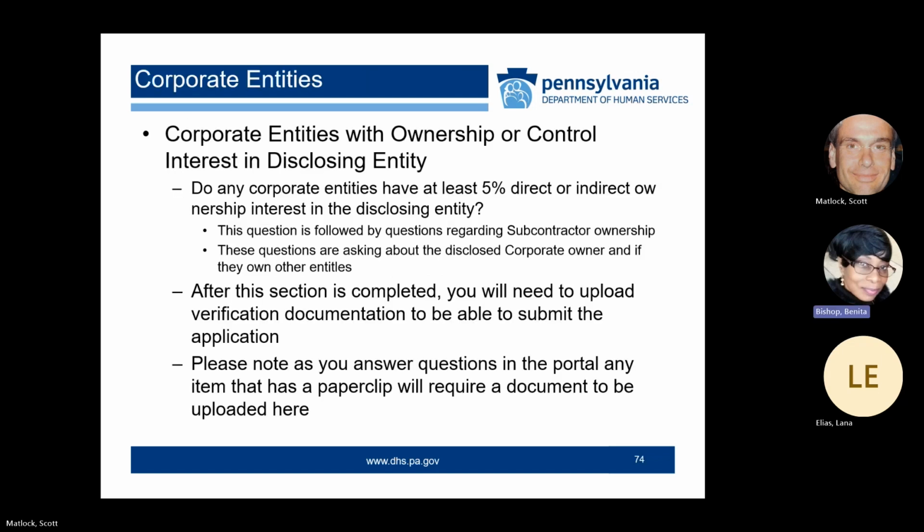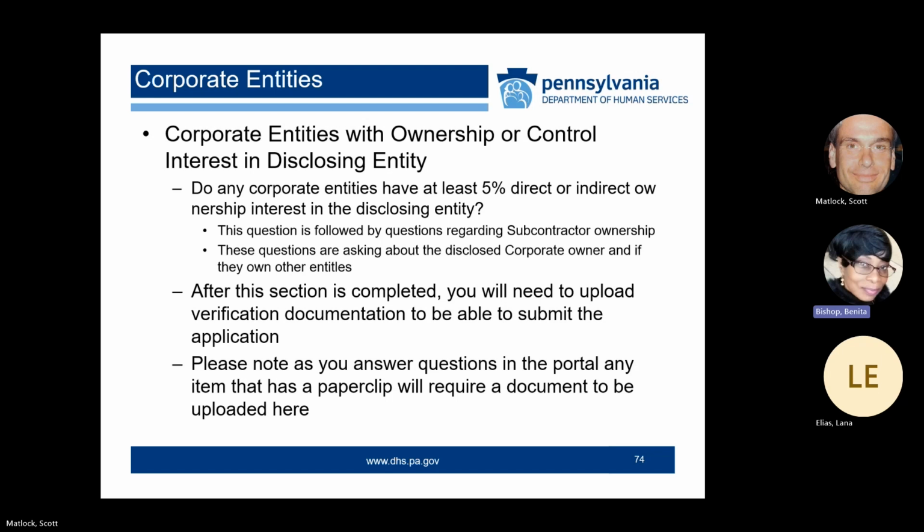Corporate entities with ownership or control interest in the disclosing entity. Do any corporate entities have at least 5% or more in direct or indirect ownership interest in the disclosing entity? This question is followed by a question regarding subcontractors' ownership.